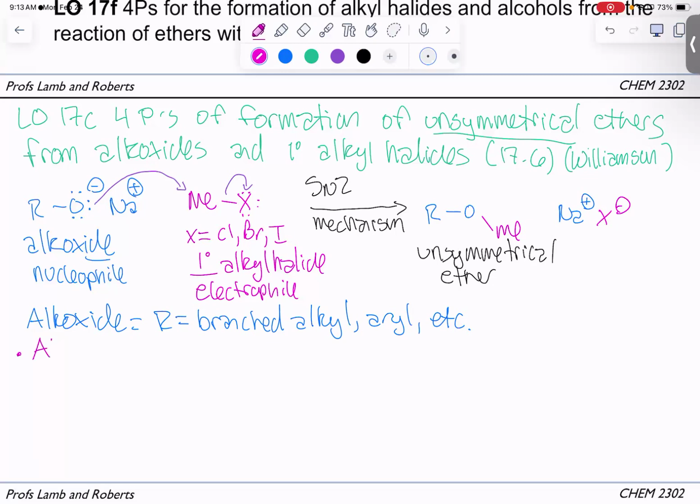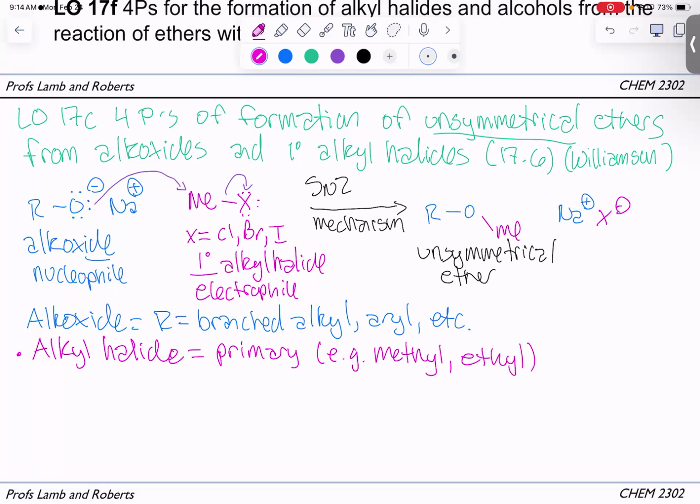All right, so our alkyl halide. We said that this needs to be primary. So this is, for example, methyl or ethyl. All right, so when we're thinking about an SN2 mechanism, we need to start to think about why this would be that we can only have these primary alkyl halides.